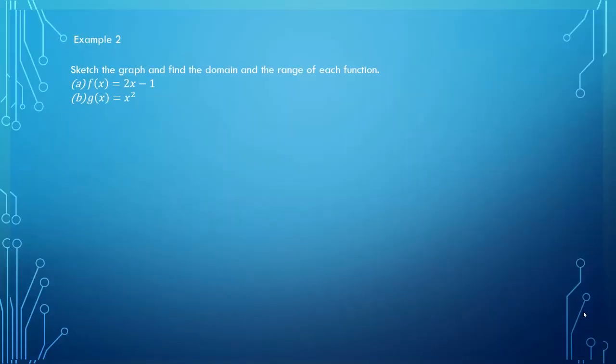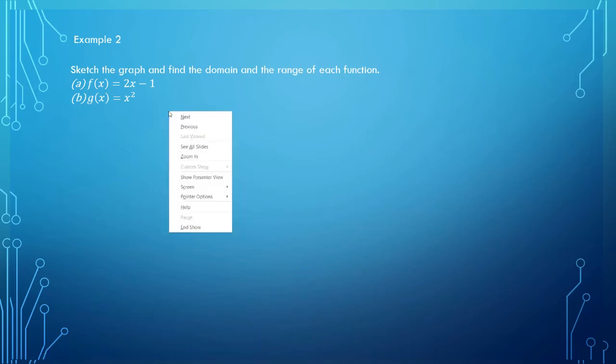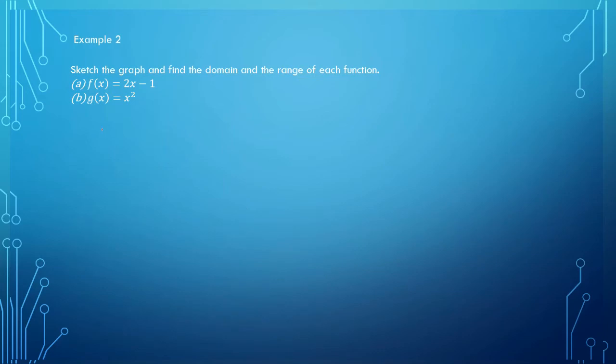Example 2. Sketch the graph and find the domain and the range of each function. A. f of x equal to 2x minus 1.